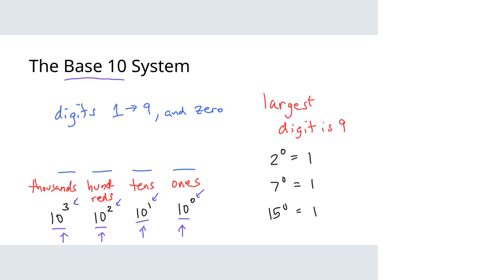Because our base is 10, and when we write it with those exponents, it gives us the values of the place value positions. We'll see this for sure when we talk about other systems that are other than base 10.